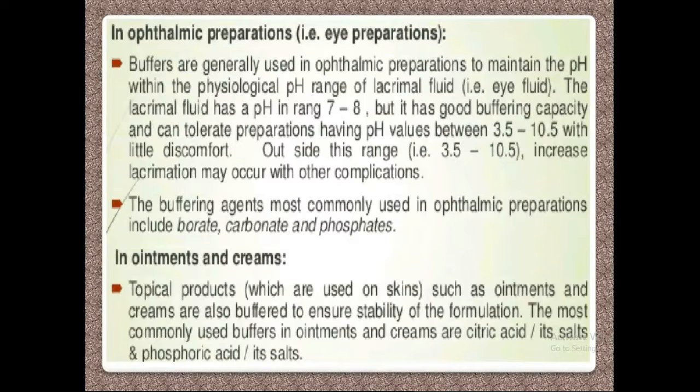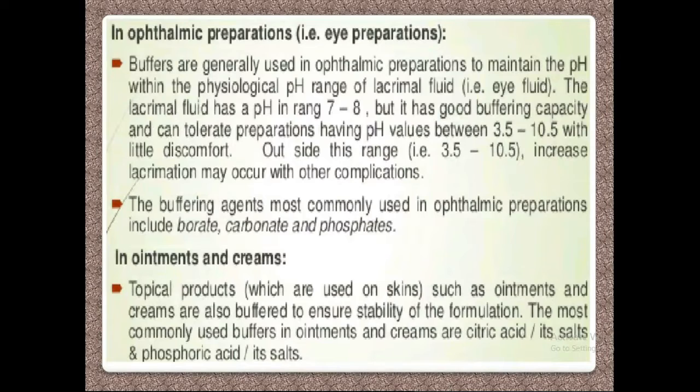Then in ophthalmic preparations, that is eye preparations and eye solutions, buffers are also used. Buffers are generally used in ophthalmic preparations to maintain the pH within the physiological pH range of lacrimal fluid. The fluid secreted by the eye is called lacrimal fluid.